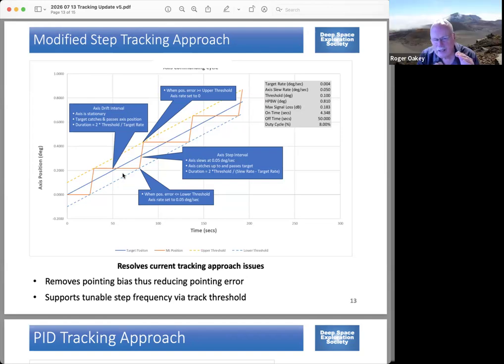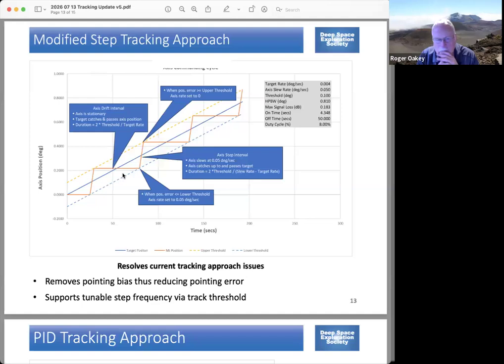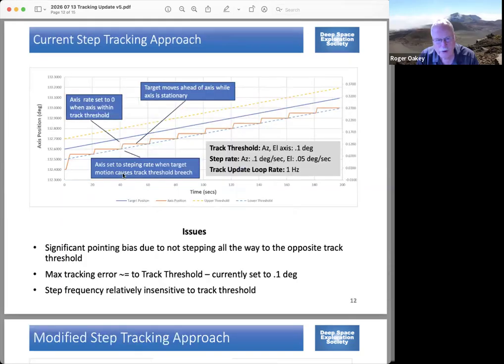To be more accurate, all you have to do is tighten up those lines. It may not be optimal, but you can get that accuracy right now. No, this is the new step track approach that we're working on. Well, go one more to your old one.